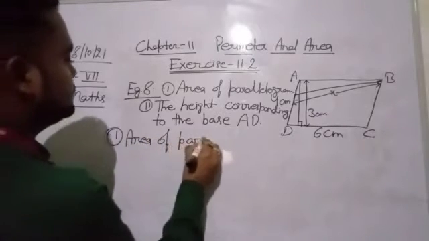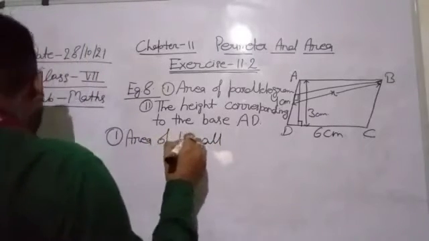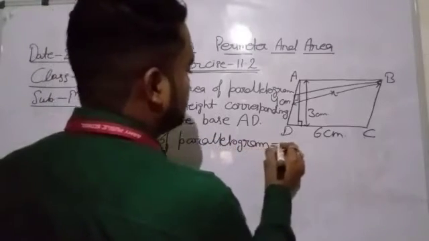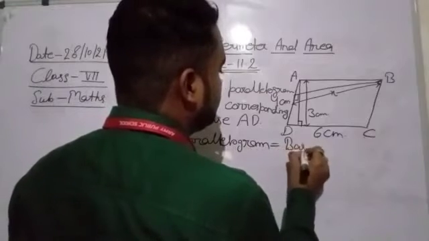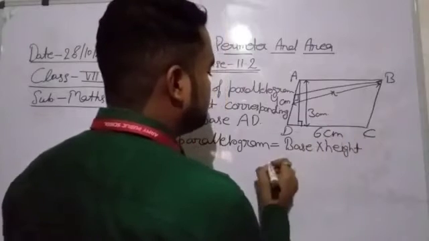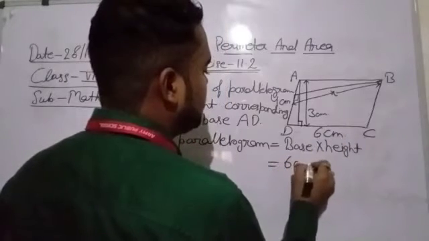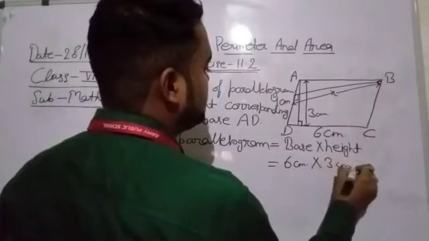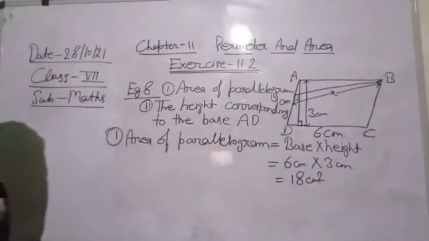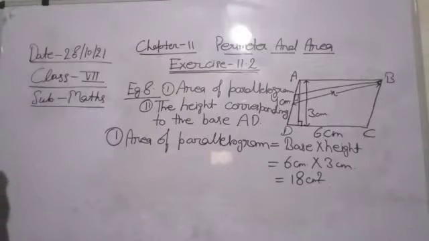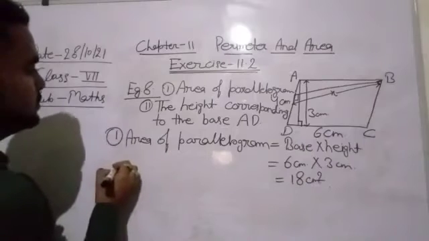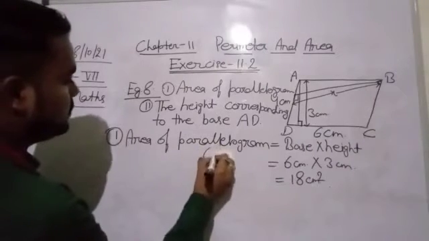So first, area of parallelogram. The formula for area of parallelogram is base into height. If the base is 6 centimeter, so height corresponding to it is 3 centimeter, will be 18 centimeter square. Area of parallelogram ABCD.